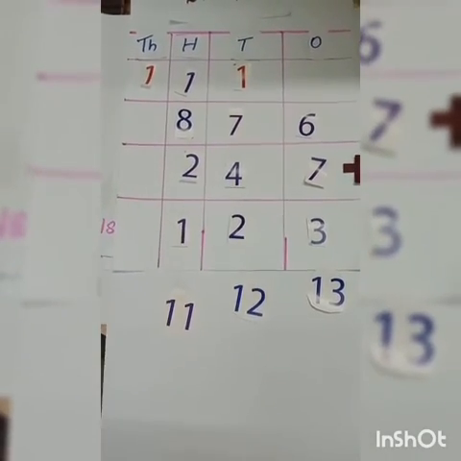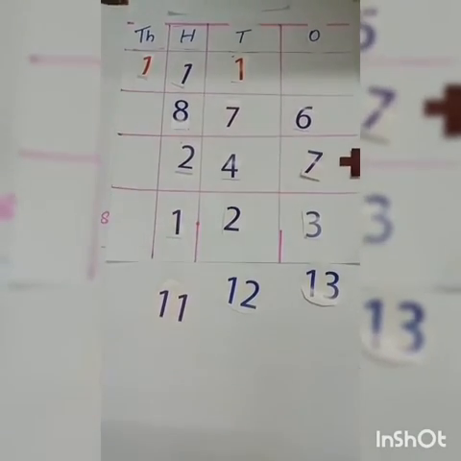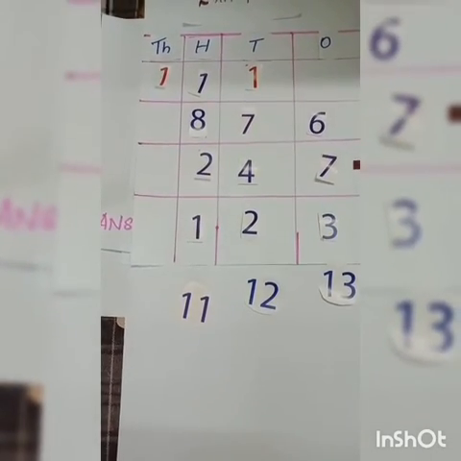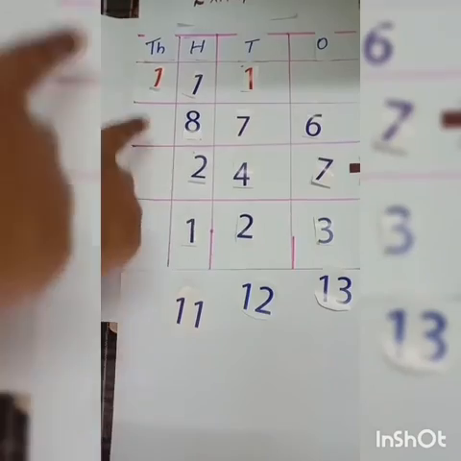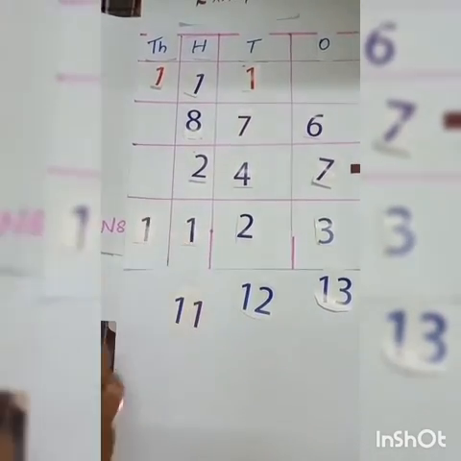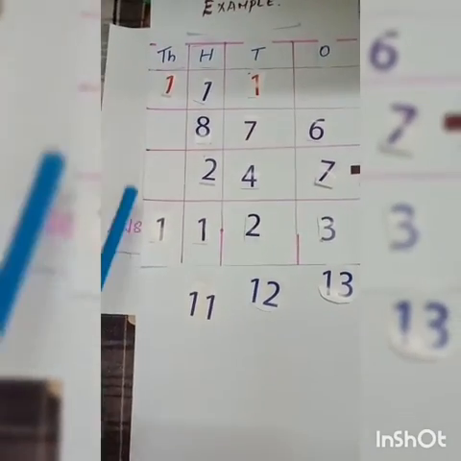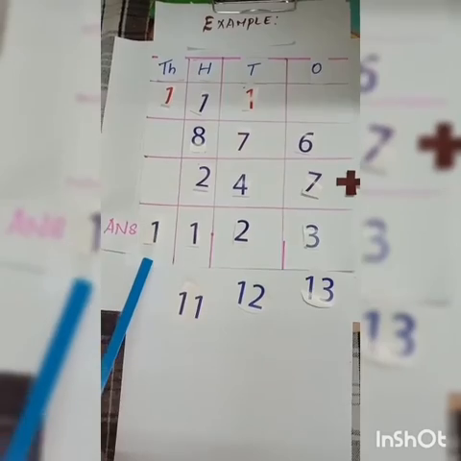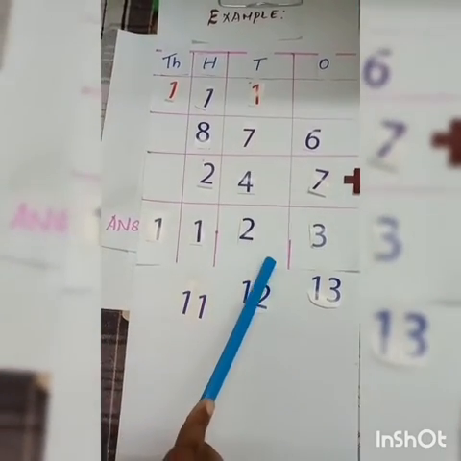Step 4. Add the digits in thousands column. That is 1 plus 0 plus 0 is equal to 1000. Thus, the sum of 876 and 247 is 1123.